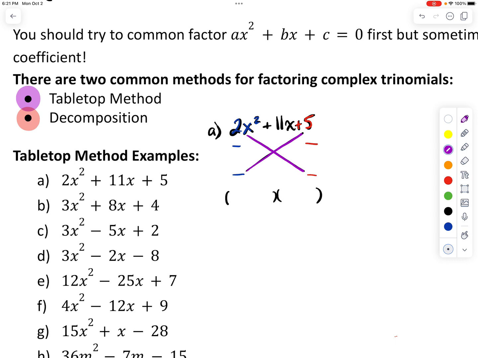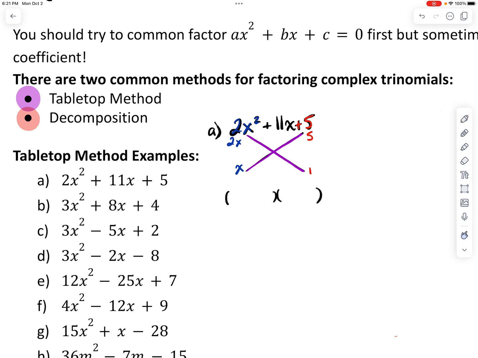If when I cross multiply, I can get to 11 x's from those 2 products, then I've got this factored. So let's go through and see how this could look. So what can multiply to 2x squared? Well, that's got to be 2x and x. 2 is a prime number, it's got to be 2 and 1. What can multiply to 5? Well, 5 times 1.